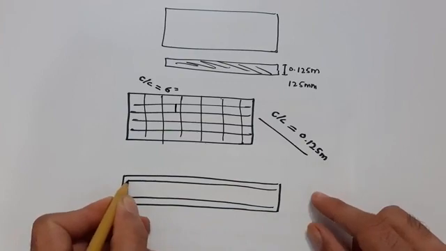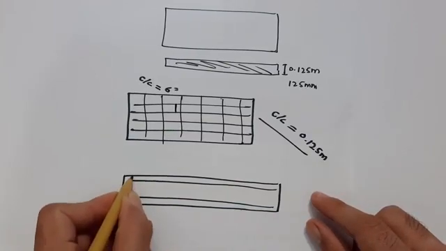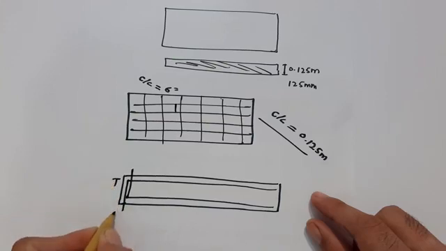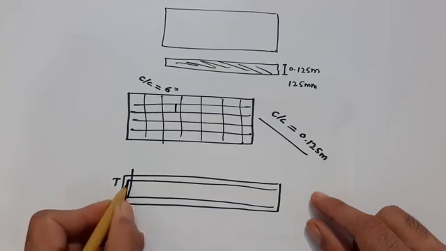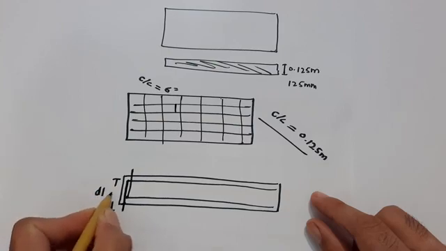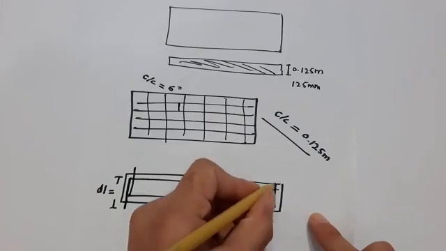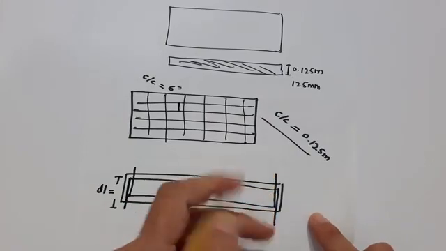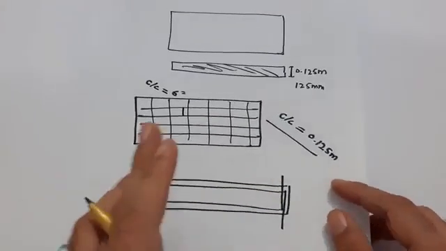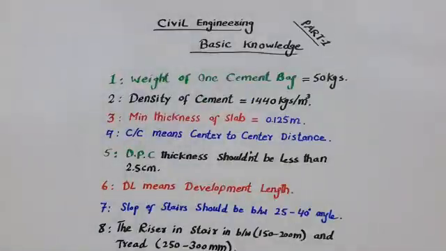This one steel is coming to the downside and this one is going to the upward side. So this length, from here to here, is called DL, development length, which makes a good bond between steel and concrete. So at the end we are providing these.